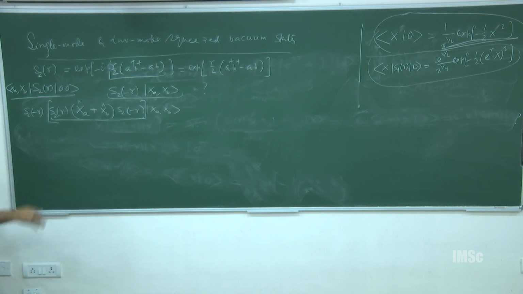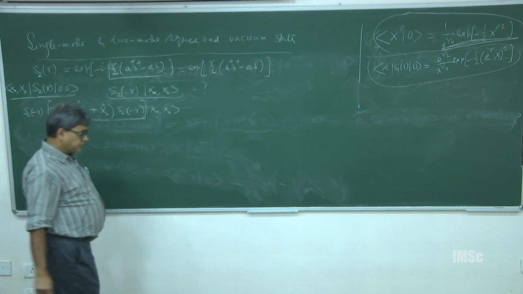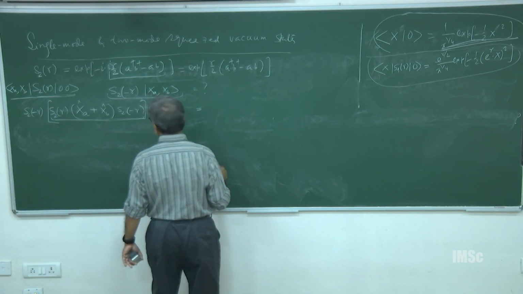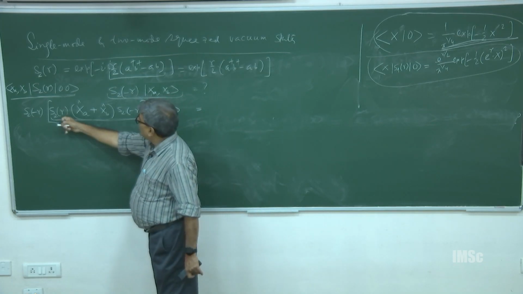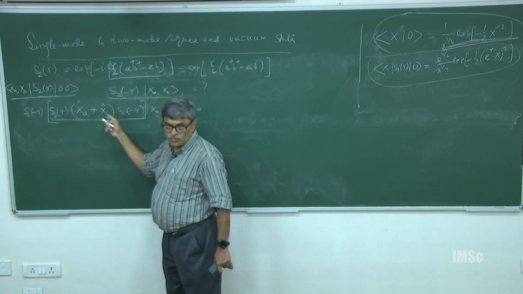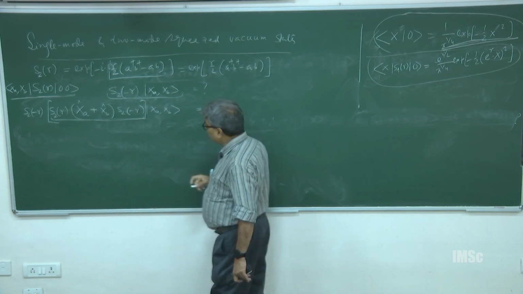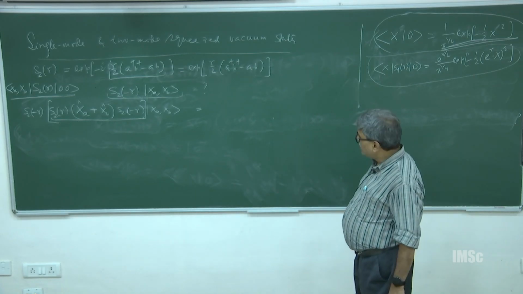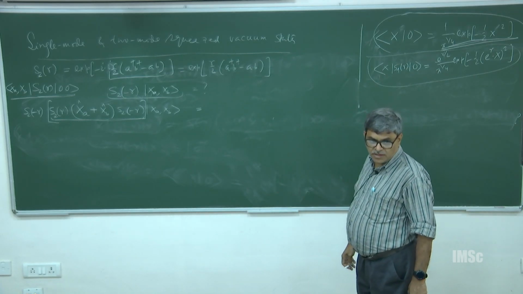One can of course do it once again. So here S2 of r, and then S2 of minus r. Whether it will be e to the power plus r or minus r, that is what I need to get confirmation. I think minus r. Minus r?